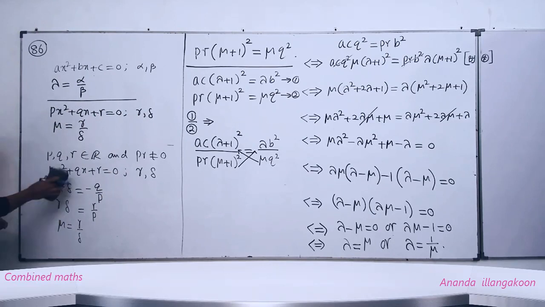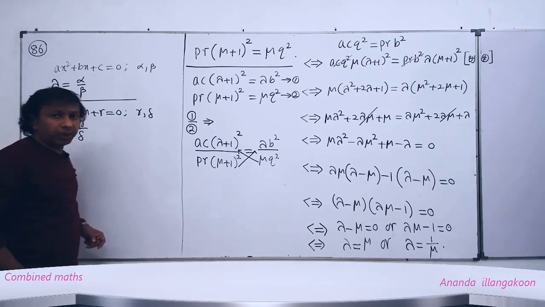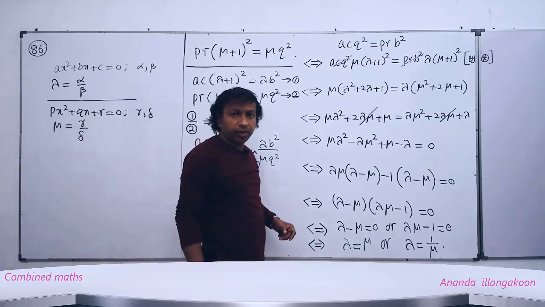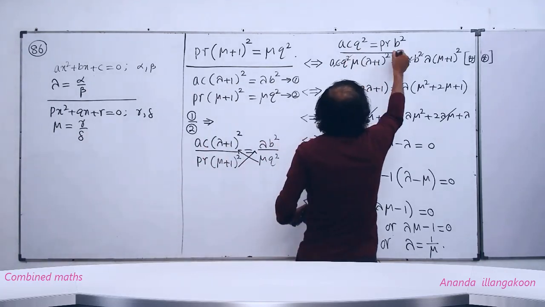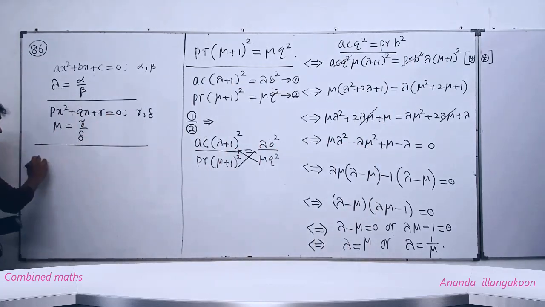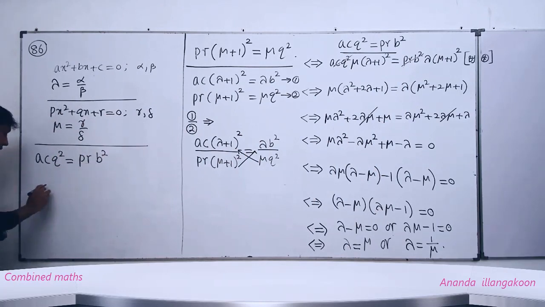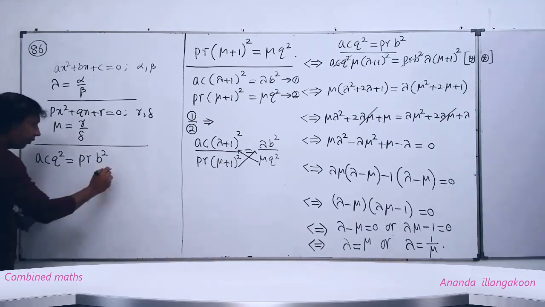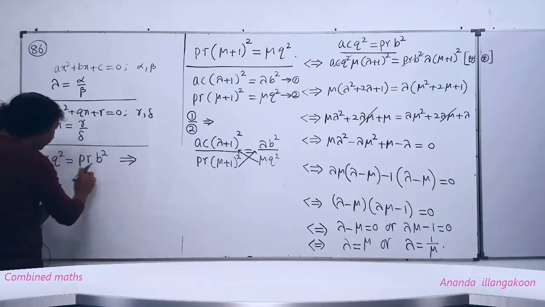Now pay your attention on the result we obtain here. What is the result? This says, if ac q squared is equal to pr b squared, if these two are equal, this equality implies, what we prove?